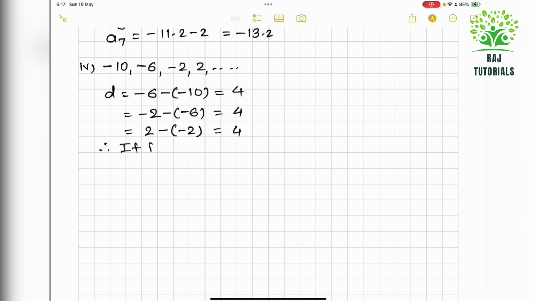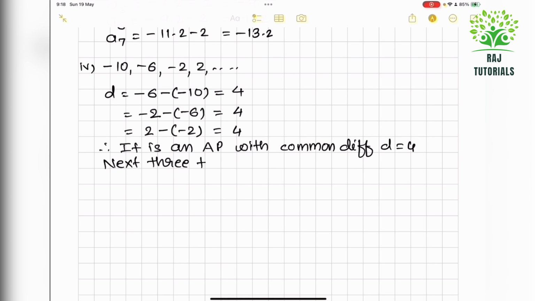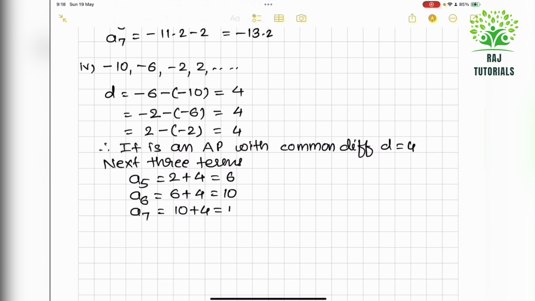Therefore, it is an AP with common difference D equal to 4. Next three terms, A5 will be 2 plus 4, 6. A6 is 6 plus 4, that is 10. A7, 10 plus 4, that is 14.